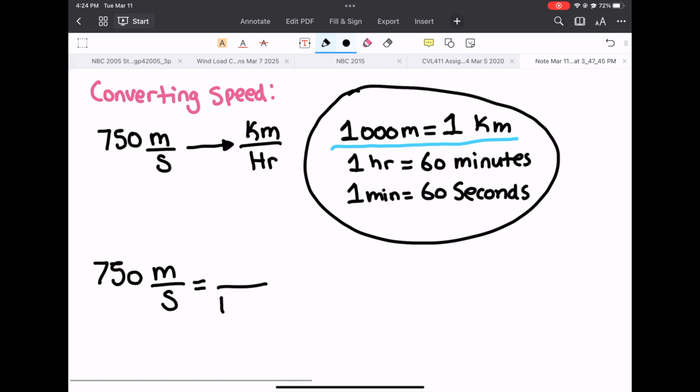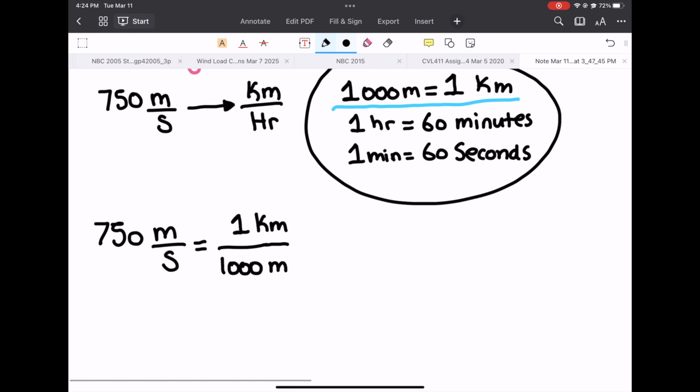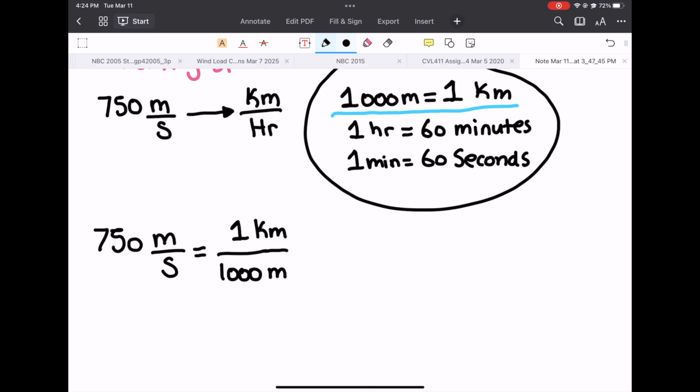So let's put that in first. We know that 1,000 meters goes here in the denominator, and since 1,000 meters equals 1 kilometer, we put that at the top. Now we're sorted. Let's go to the next one.